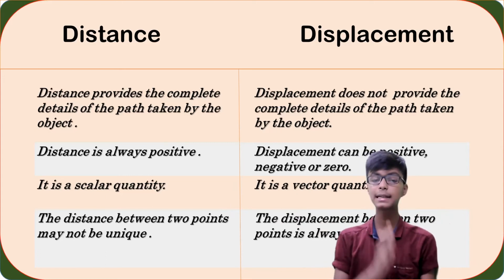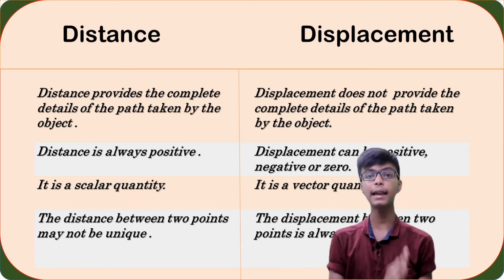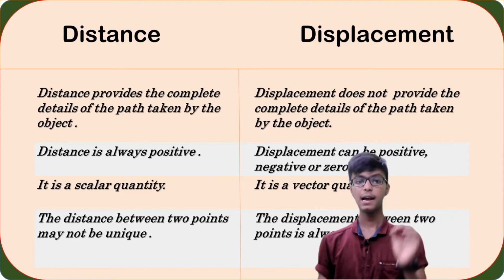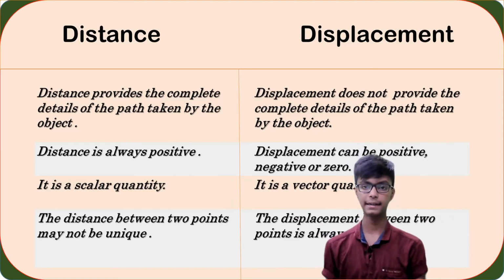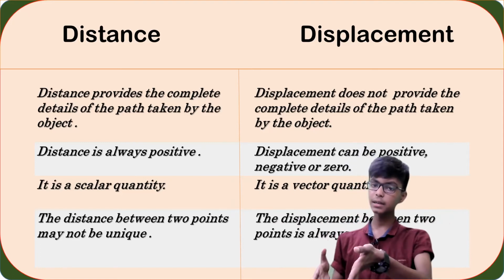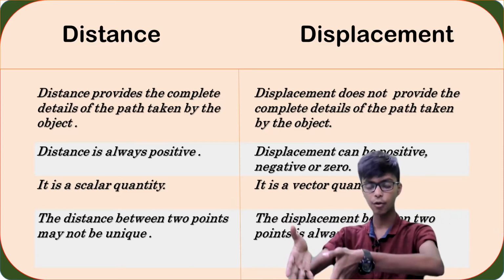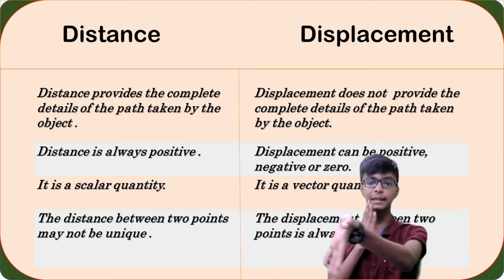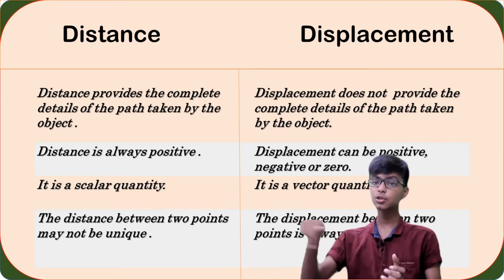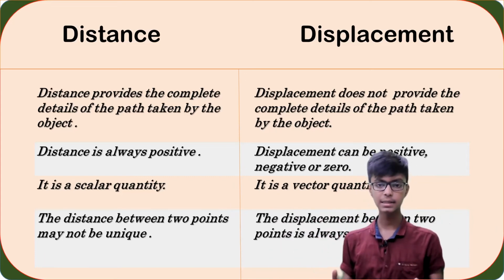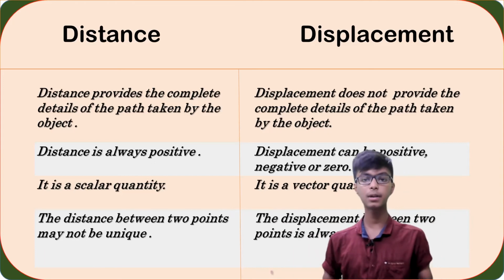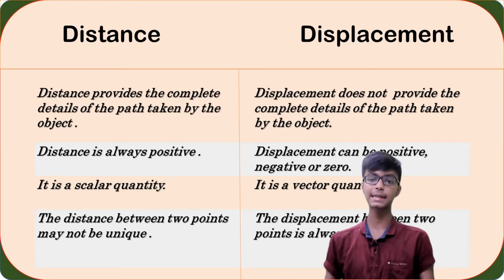As distance doesn't need any direction, it is called a scalar quantity. As displacement needs a particular direction, it is a vector quantity. And obviously speed is needed. If you don't use speed, it will be a rest object, a stationary object.